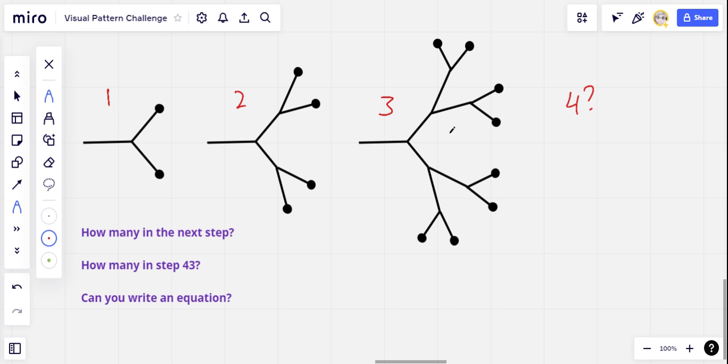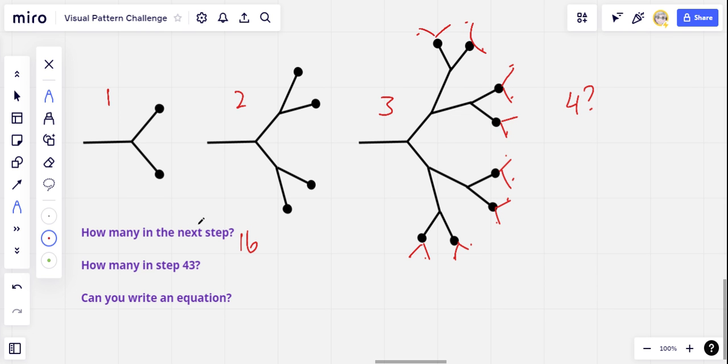So if I were going to predict step 4, I'd say we'd have all of these twigs splitting into 2 again, and then berries on the ends of each of those. So 1, 2, 3, 4, 5, 6, 7, 8, 9, 10, 11, 12, 13, 14, 15, 16. So I think we'll have 16 berries in step 4.